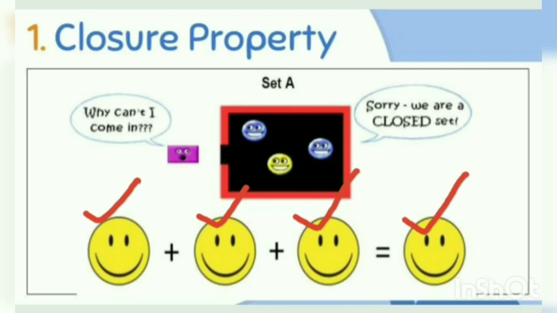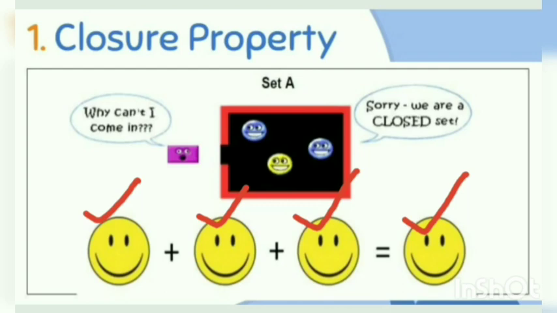Suppose you had taken two squares, and when you merge or add two squares, if you get a square only, then we will say that the square is also following the closure property.